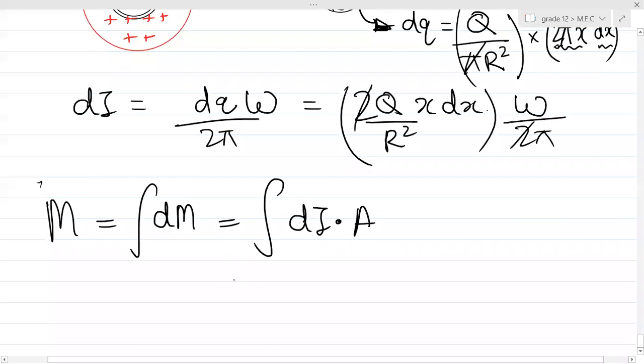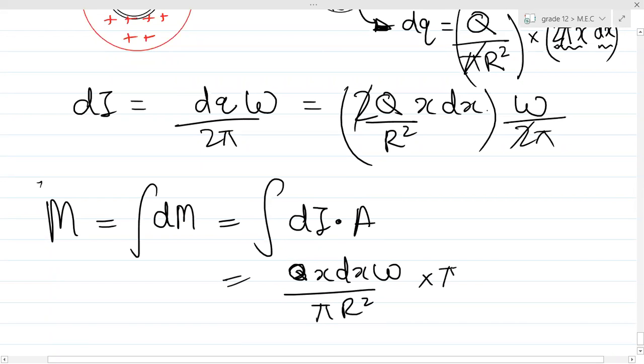So di was equal to Q x dx omega by pi r square, multiplied by pi x square. Now you have written the area as pi x square. Is this clear, guys? Any doubt?